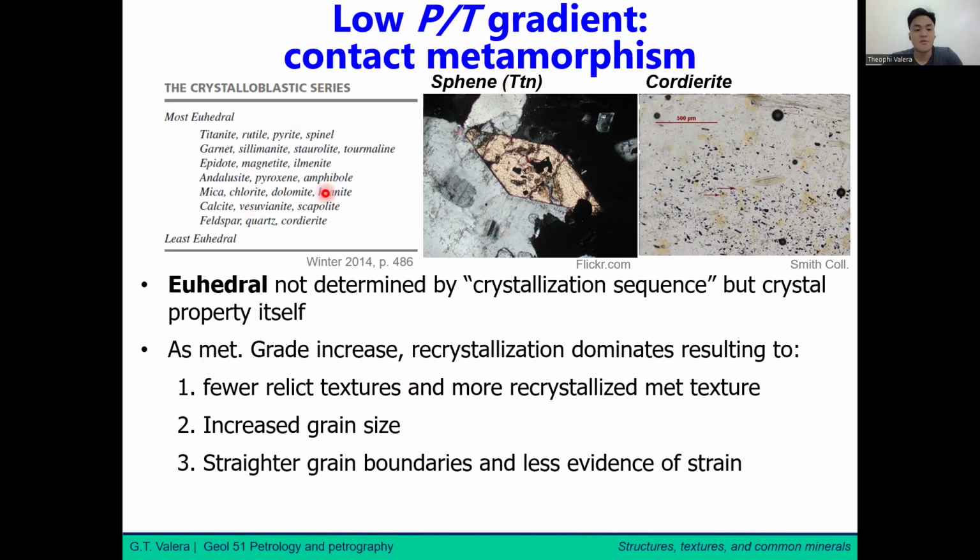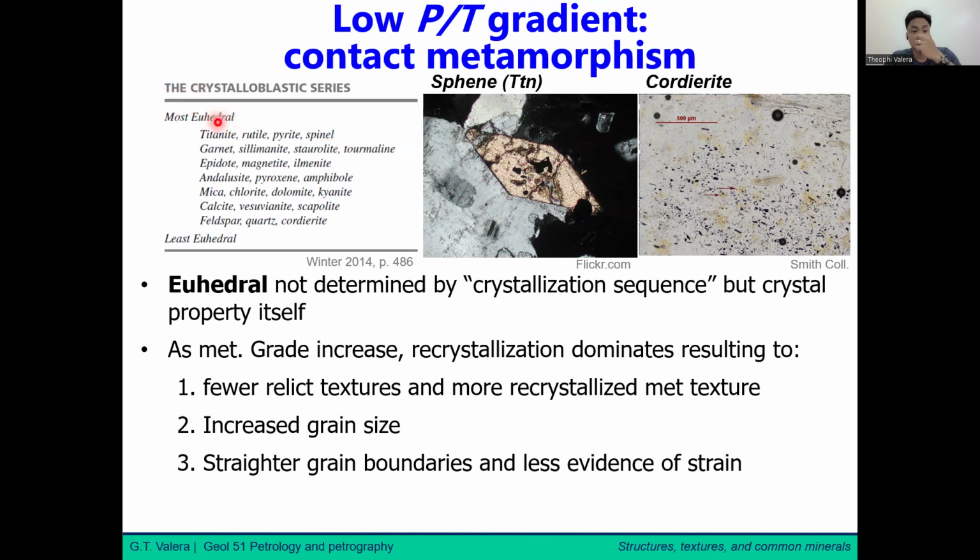The ending slide last time was the crystalloblastic series, which states that the texture of a mineral being more euhedral or less euhedral is not a proxy for when the crystals crystallized, or the sequence of crystallization of the different minerals.